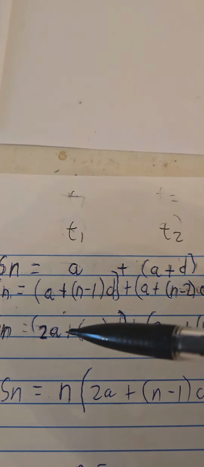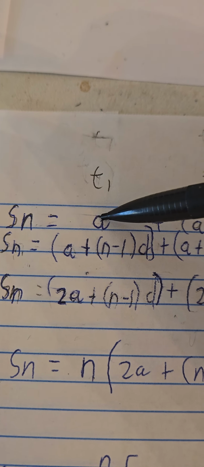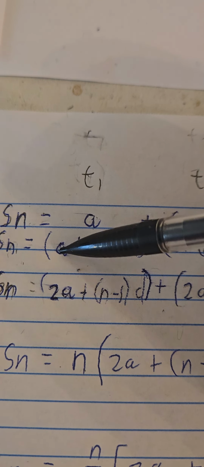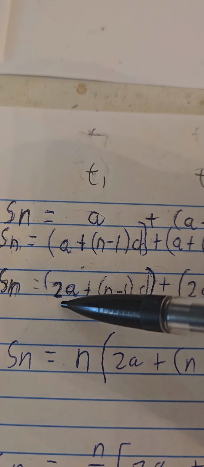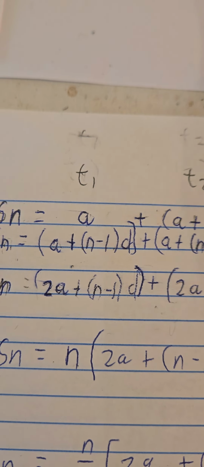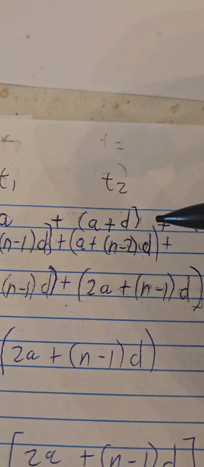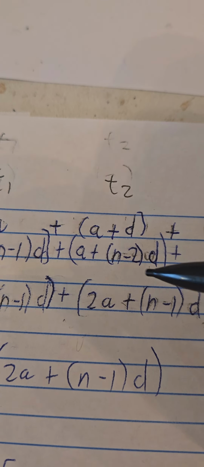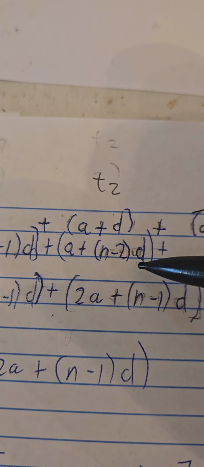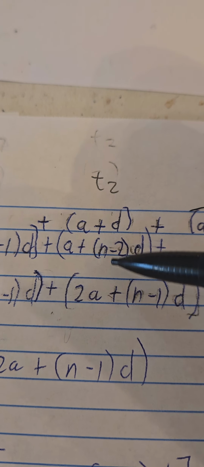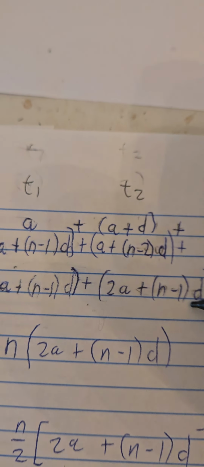If that's the sum of the terms, that's 2 times the sum of the terms, despite my handwriting. If I add this up, a plus a plus n minus 1d would give me 2a plus n minus 1d. If I add these two terms, there's 2a, n minus 2 lots of d plus 1d would give me n minus 1 lots of d.